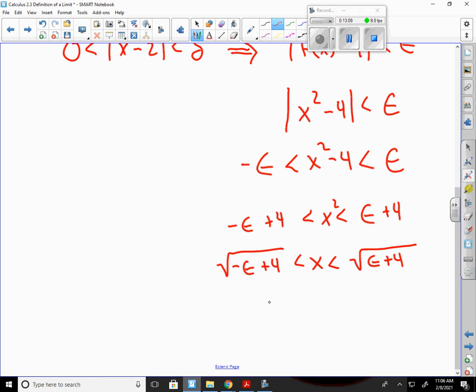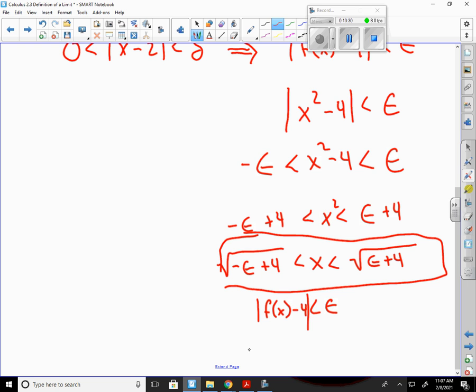So this tells us that our inequality holds true where the absolute value of f of x minus 4 is less than epsilon for every value within the range of square root of negative epsilon plus 4 to square root of epsilon plus 4.